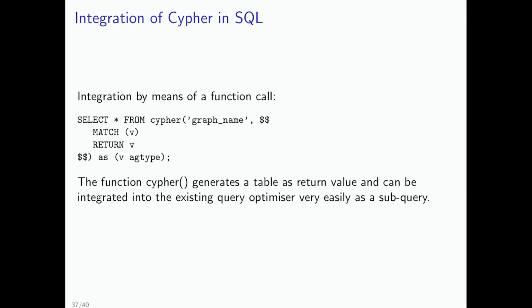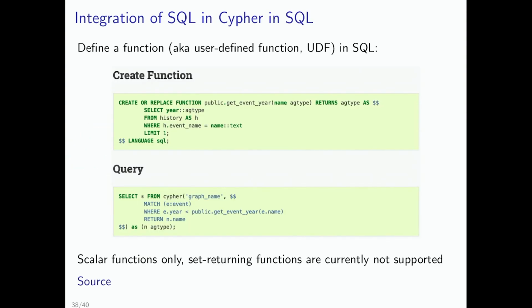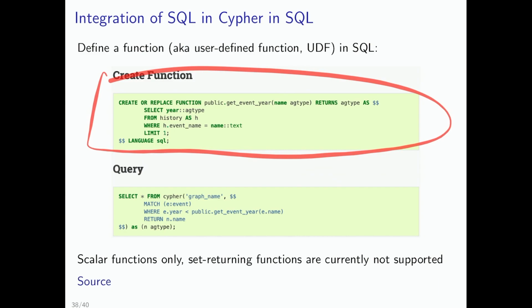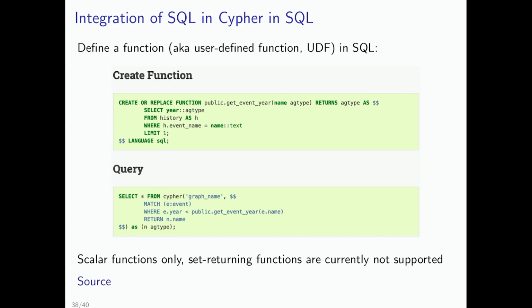So here's how it goes in SQL. Cypher is integrated via function calls. Here's an example. You can define a function in SQL like this, and the function implementation then basically is a Cypher query. Here's maybe another example of how it is done in AGE. You define such a function here, and that's the actual query.